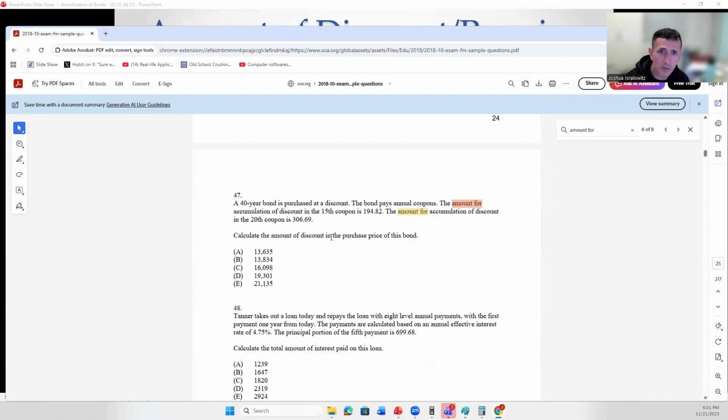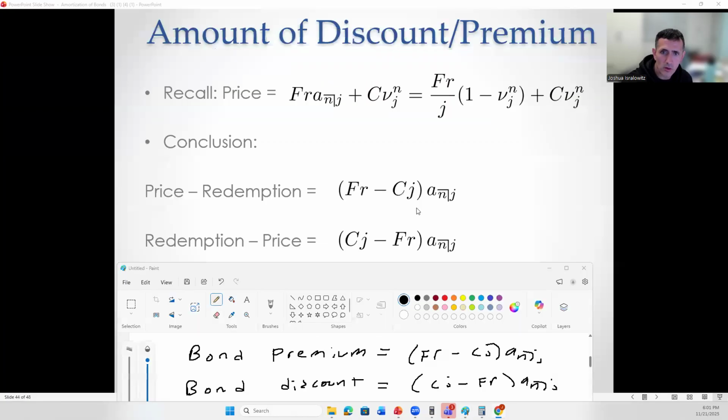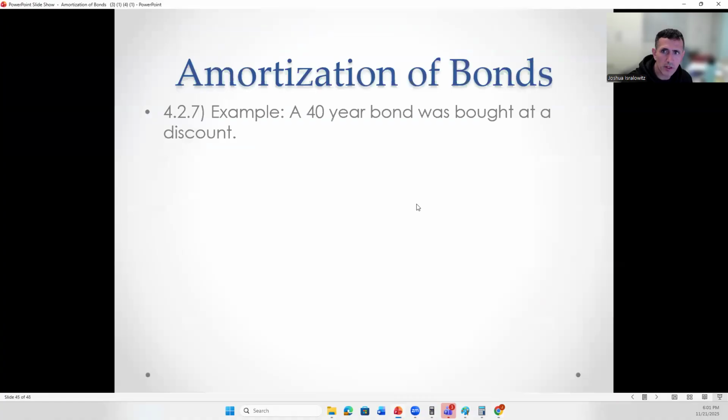Numbers are a little different, but we're basically given a 40-year bond purchased at a discount. We're given the amount for accumulation of discount in these two periods, and they're going to use that to calculate the amount of discount the bond was purchased at. All right, so maybe word it a tiny bit differently.